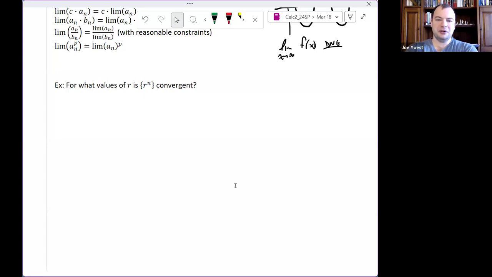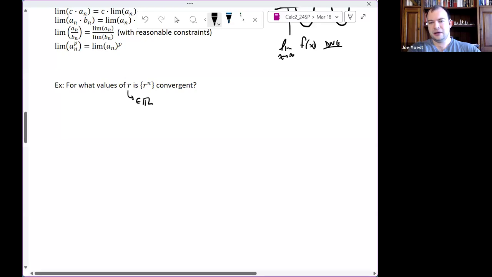Okay, example, for what values of r is the sequence r to the n convergent? So here r is a real number. For what real numbers is r to the n convergent? Note that n is the index here.